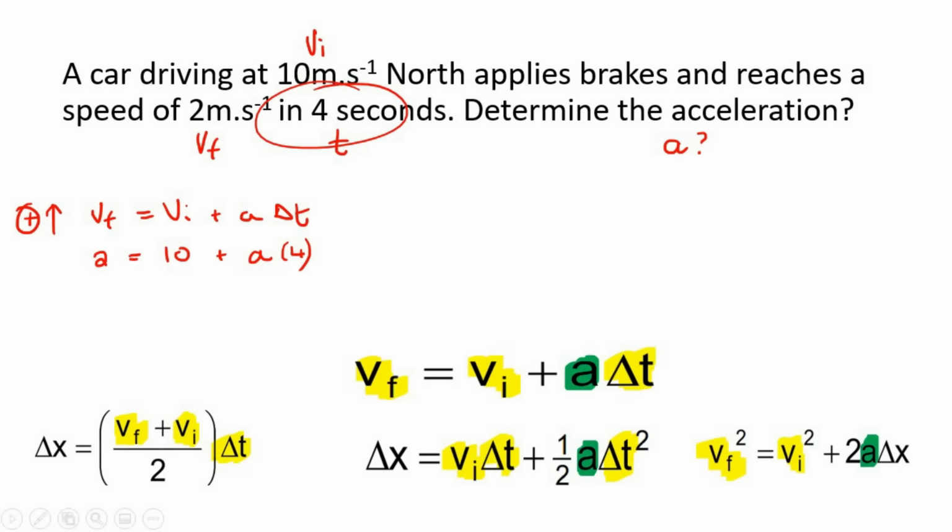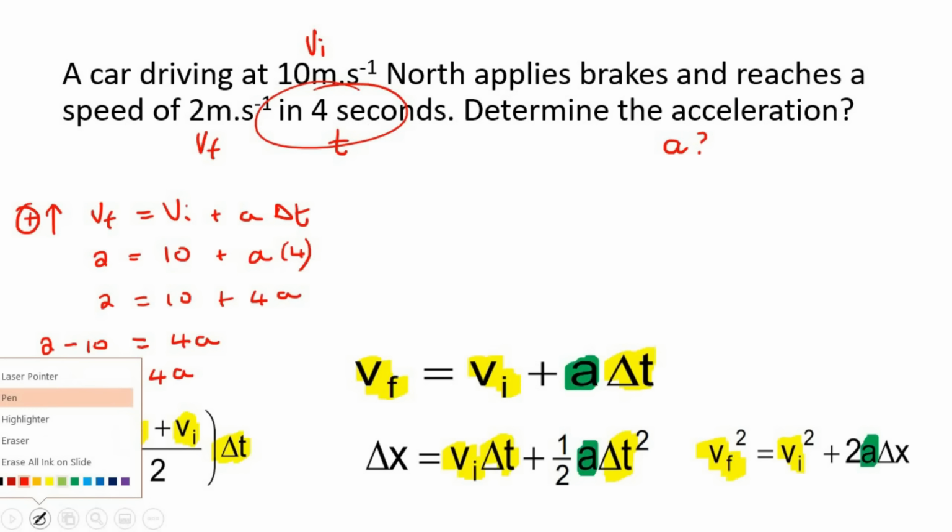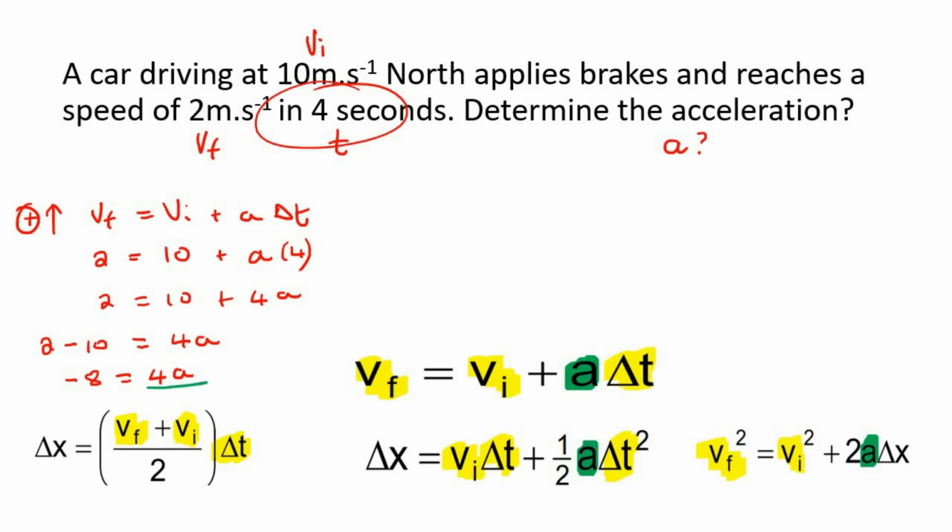So we do that. Now you need to solve an equation. So this is going to say 2 is equal to 10 plus 4a, and then you need to get a by itself. So I'll take the 10 to the left, for example. So you end up with 2 minus 10 equals 4a, and then 2 minus 10 is minus 8. And then to get a by itself, we divide both sides by 4.